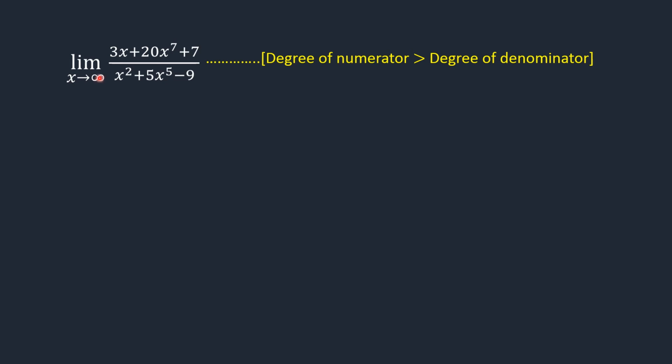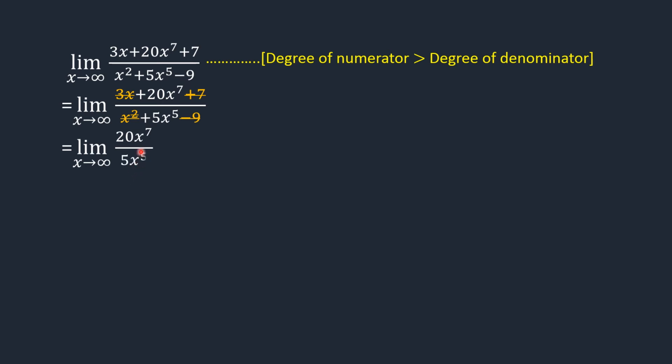Therefore, in the next step, we will ignore these insignificant terms. See here, we are going to ignore these insignificant terms and write our limit as 20x to the power 7 divided by 5x to the power 5.